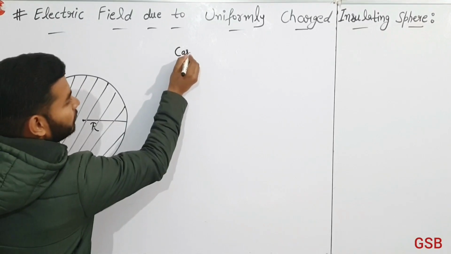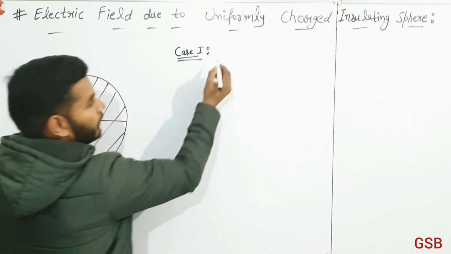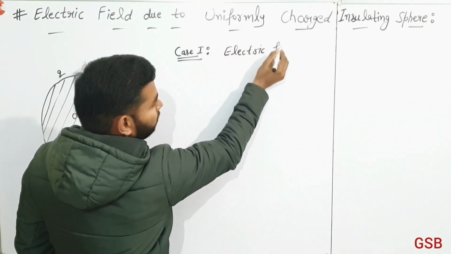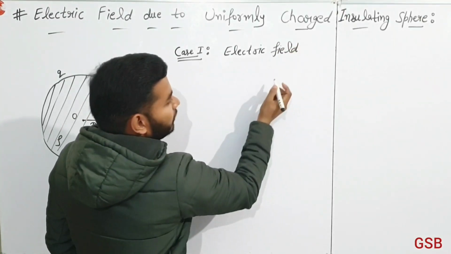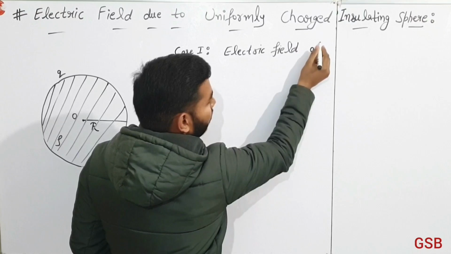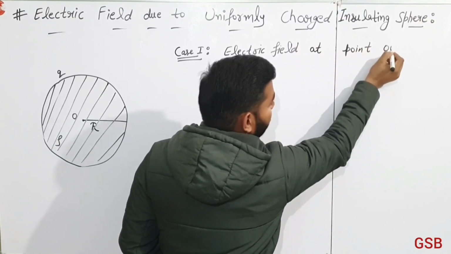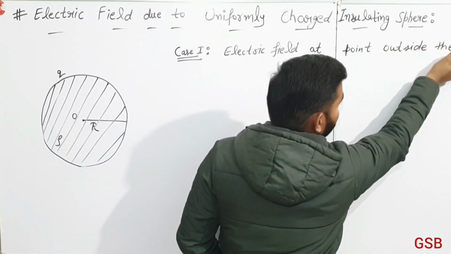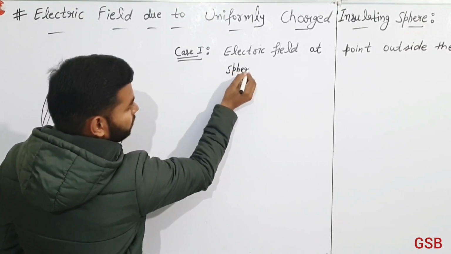Case first is electric field at a point outside the sphere.